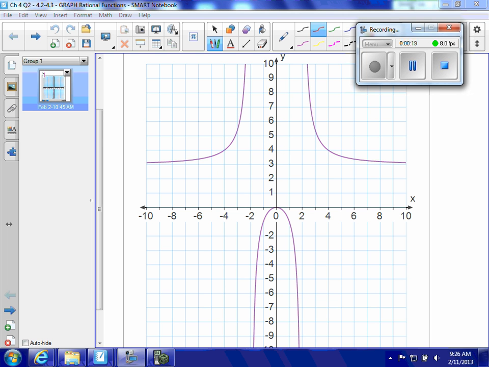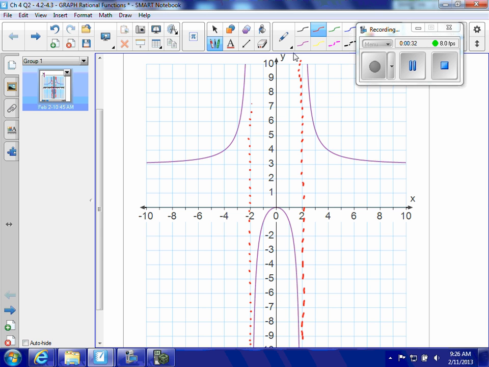There are a couple of things that you need to notice here. One is that I have a couple of vertical asymptotes right here. Little Mr. Ducky can't get past those points. So I have a vertical asymptote at -2 and at 2.